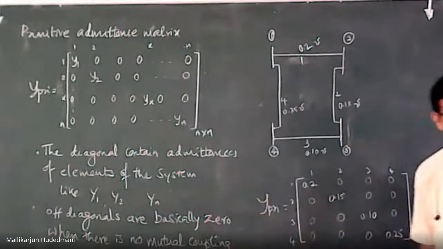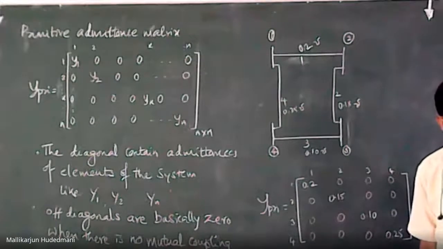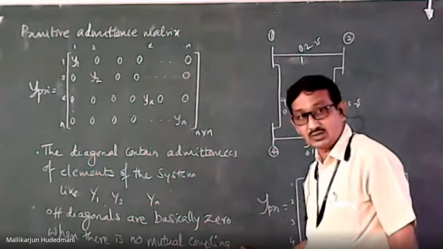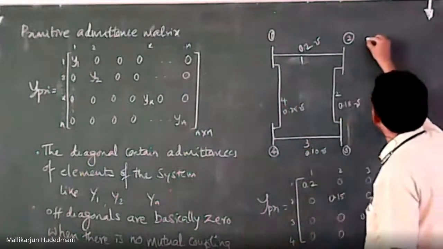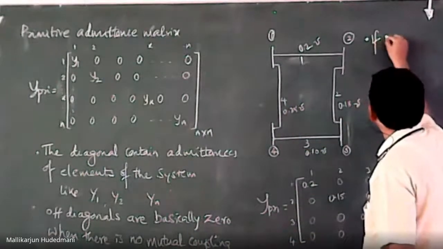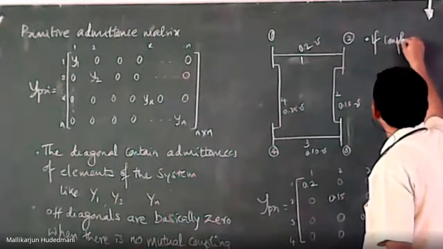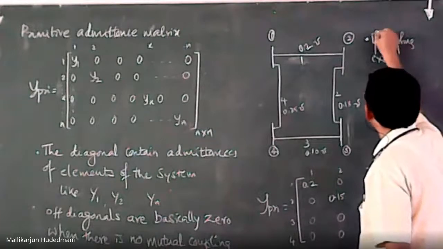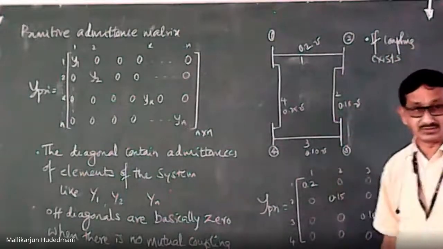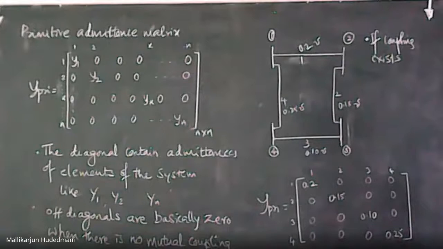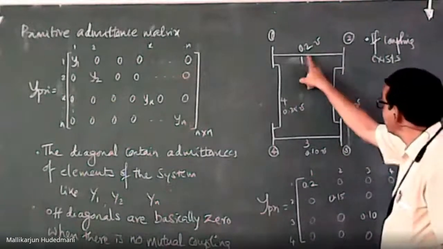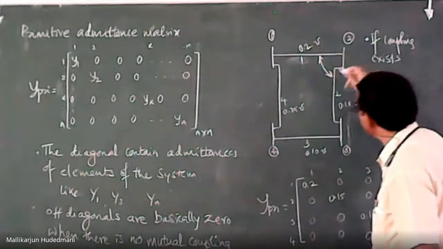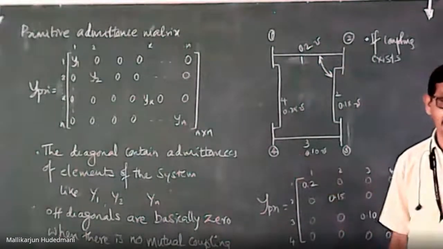Suppose there exists a mutual coupling. What do you mean by mutual coupling? This is the point: off diagonals are basically 0 when there is no mutual coupling. If coupling exists, it means element number 1 is mutually coupled, so there is a magnetic coupling between them.